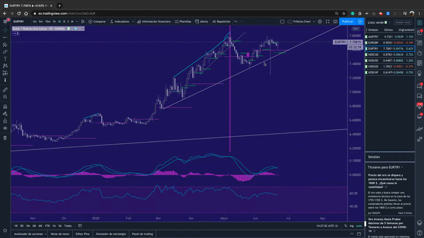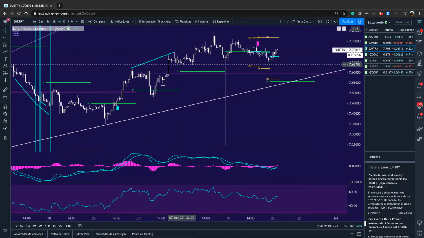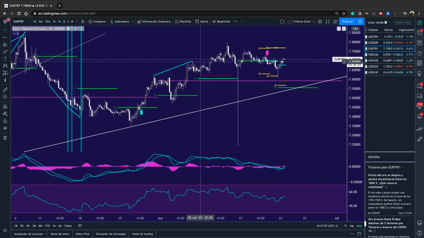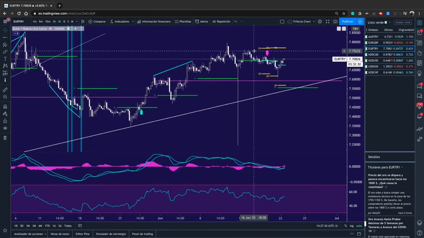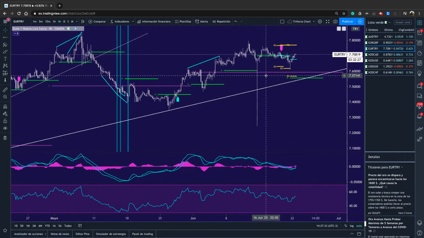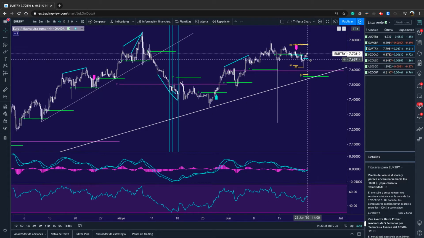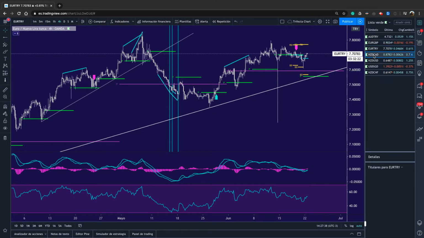In the 4-hour chart we can see that the price is making this movement, and if we get to the previous highs and we get a rejection kind of candle, we can expect a movement towards the trend line. So we're going to be looking at this chart because that could happen, and it would not be weird that the price tries to get to this trend line.